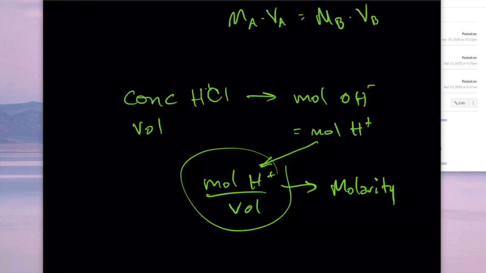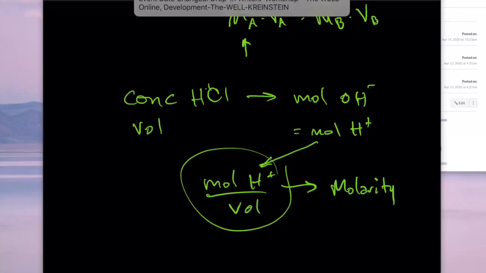Now, this only works when your acid is monoprotic, that is, it has one hydrogen to deliver. If, however, it's diprotic, like sulfuric acid, and you want to neutralize it completely so that it's stripped of its hydrogens, then you have to remember to put in a factor of 2. So that's the first part right there.